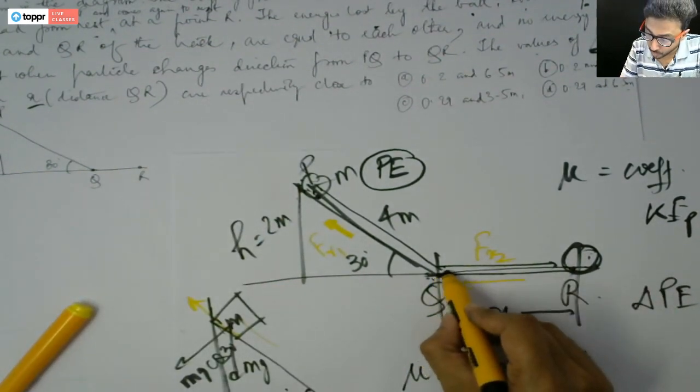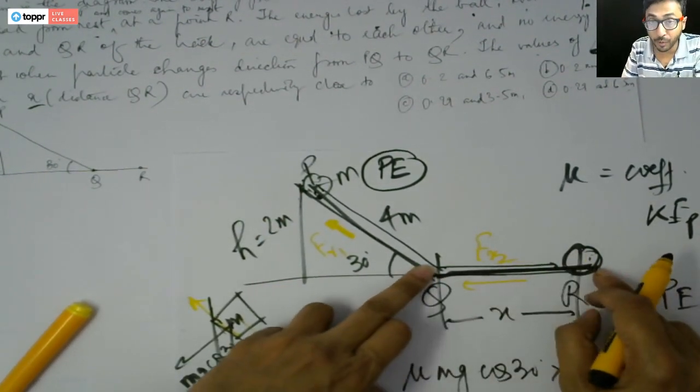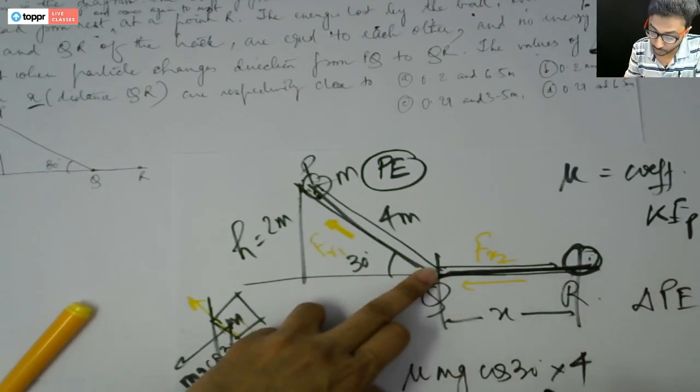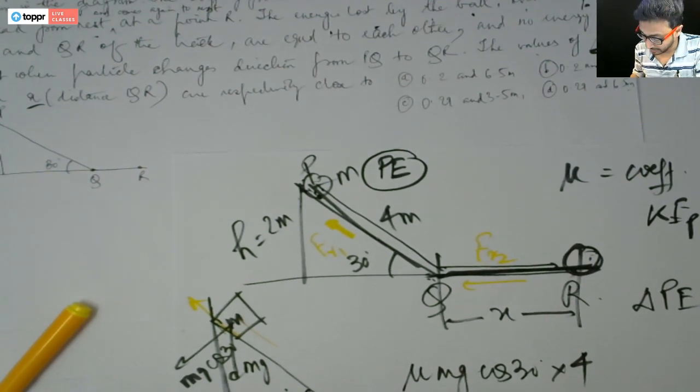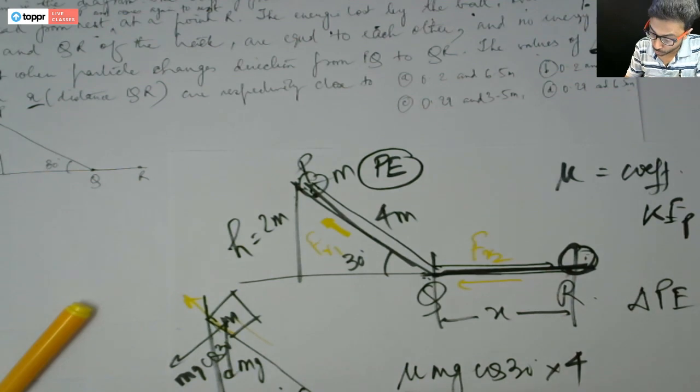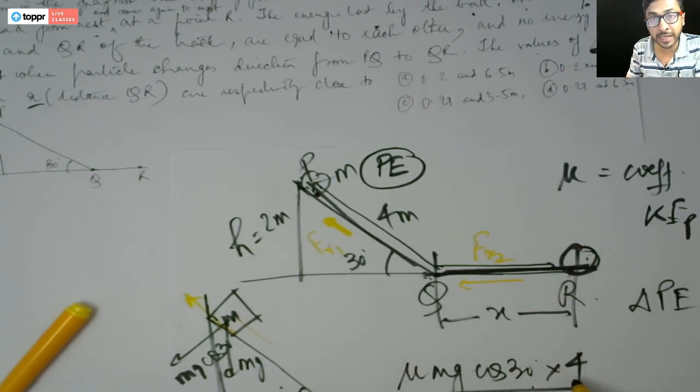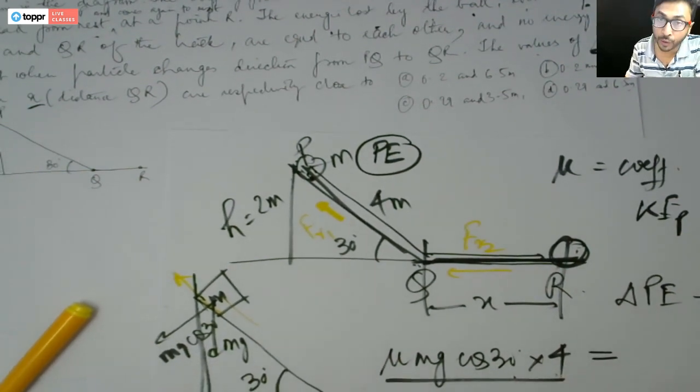Now let us find out what is the work done at this point. At this point, what is the frictional force acting? It is moving on a horizontal, so definitely the normal force is mg, and the friction will be mu mg. So the work done, mu mg cos 30 into 4, will be equal to mu mg into x.